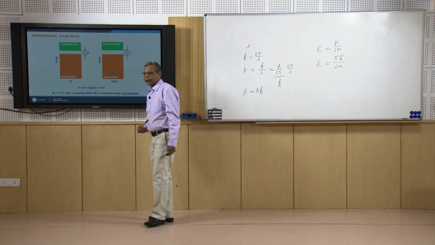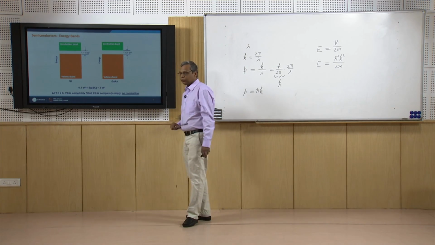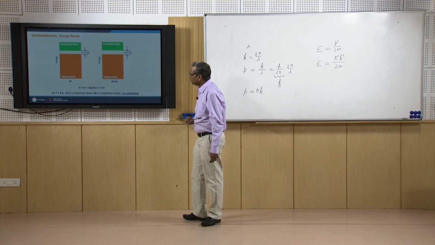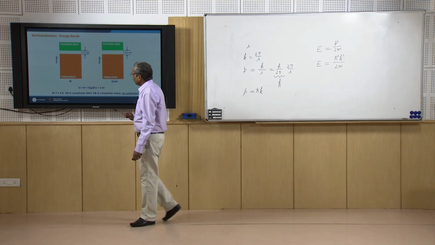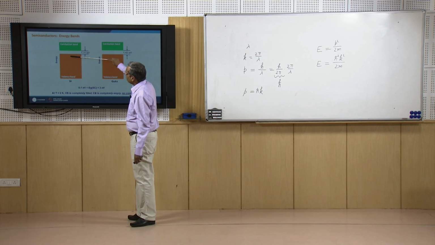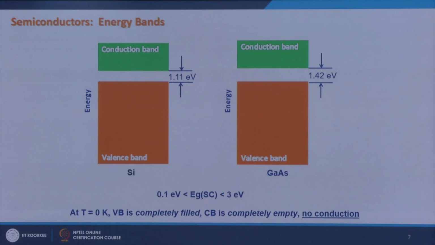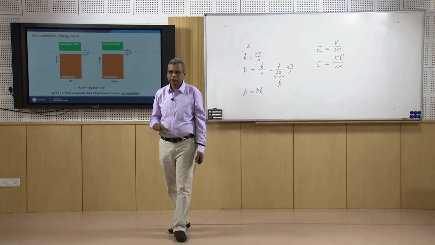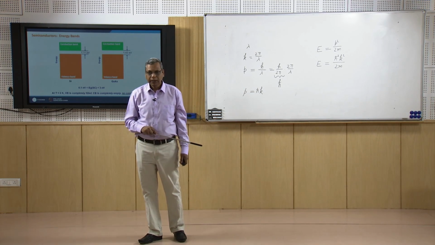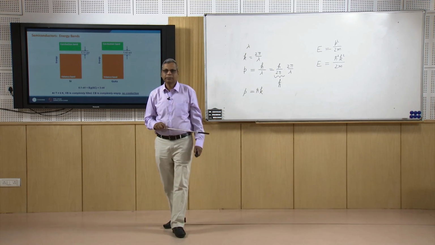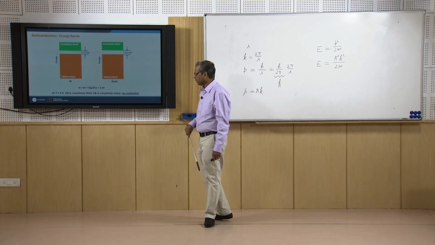So, if I look at a semiconductor at 0 Kelvin, then I find that the valence band is completely filled and conduction band is completely empty, and therefore, since conduction band is completely empty, there are no electrons available for conduction and the semiconductor is a perfect insulator at 0 Kelvin.